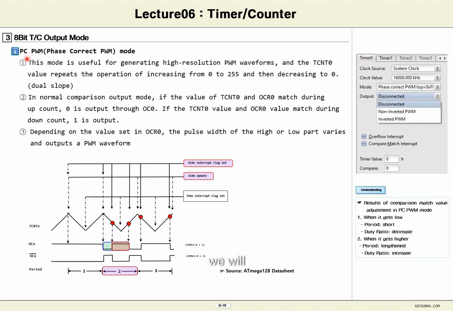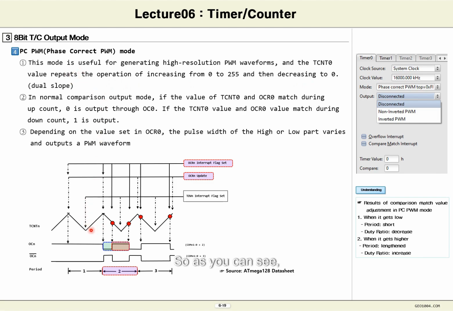This time, we will look at the fourth content, phase correct PWM mode. This mode is useful for generating PWM waveforms with high resolution. The TCNT0 value increases from 0 to 255, and then decreases to 0 again.